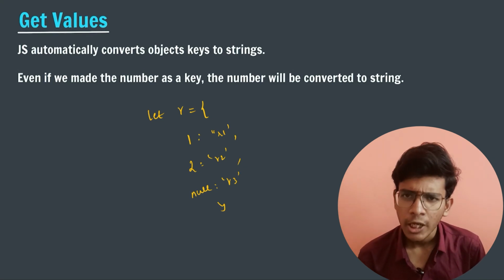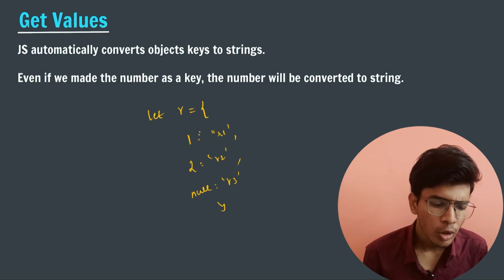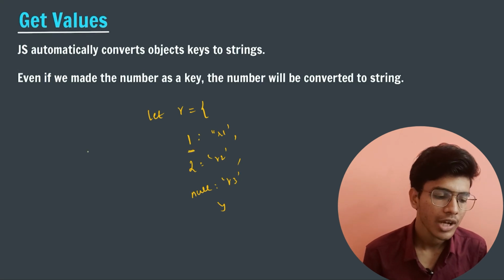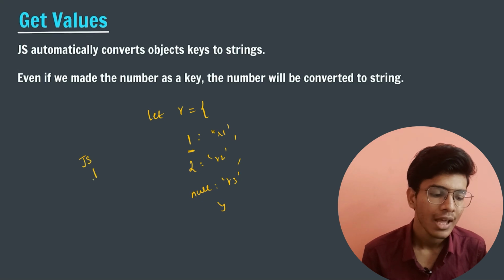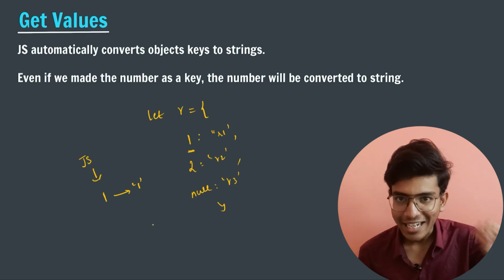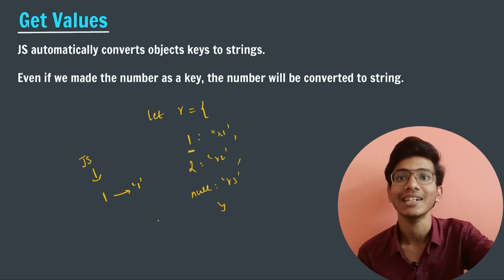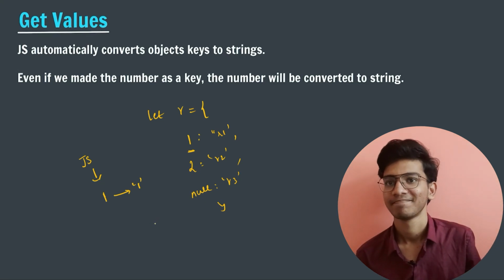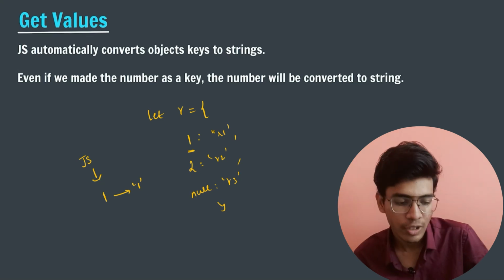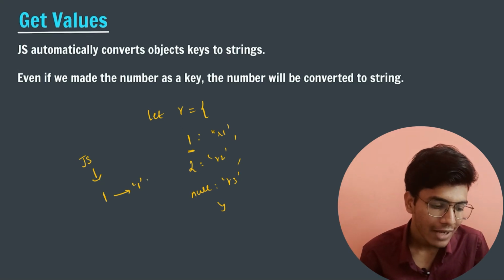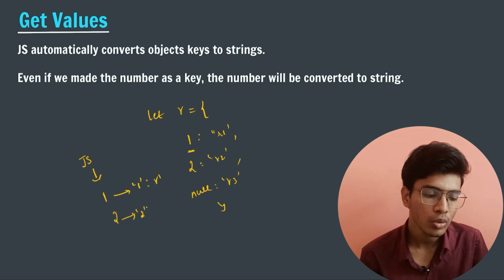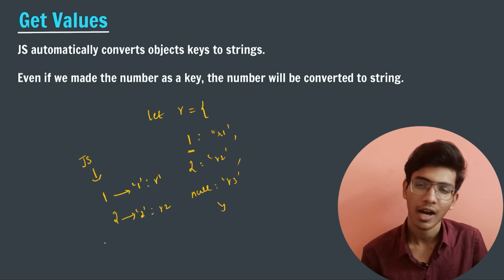Now the thing you need to remember here is that even though I'm giving a number, what JavaScript will do is first convert this number into a string. It will convert all the keys into strings, and then assign the value. What is the assigned value? r1 is the assigned value for 1. For 2, it converts this into the string 2 and assigns the value r2.